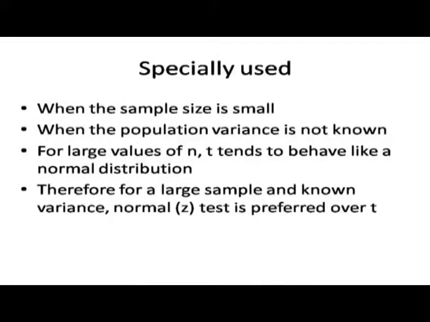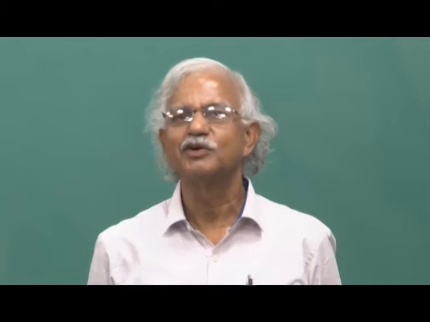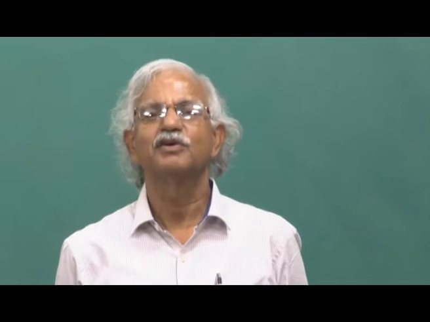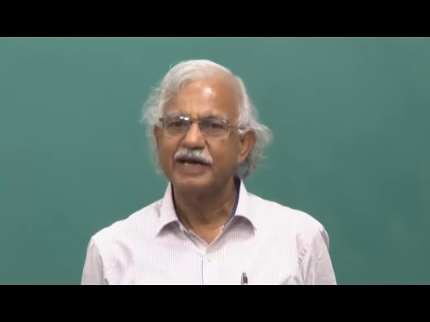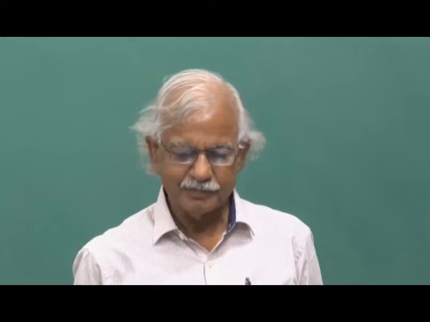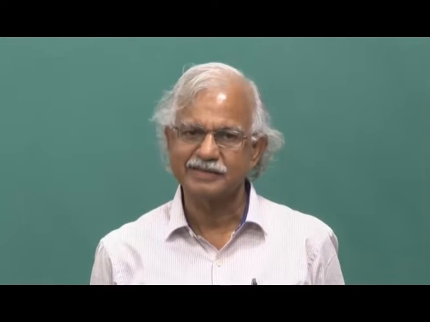T is also used in those situations in which the population variance is not known. So, if you are testing the null hypothesis that mu equal to mu 0 or pi equal to pi 0, mean or proportion, and you know the variance of the population, then you can use Z test.